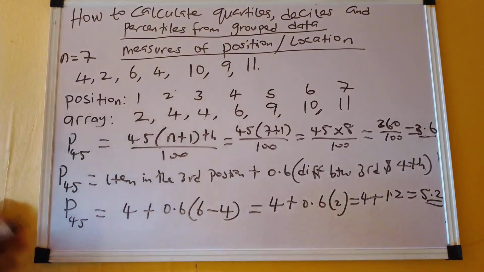Now that means we have the item between the 5th and the 6th position.